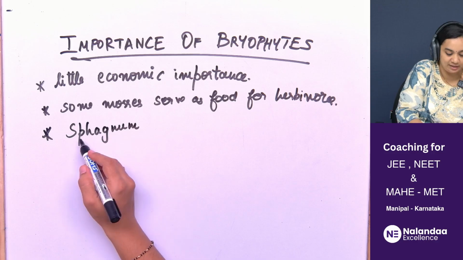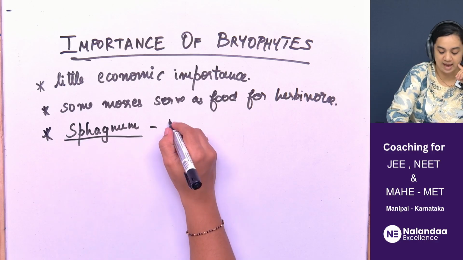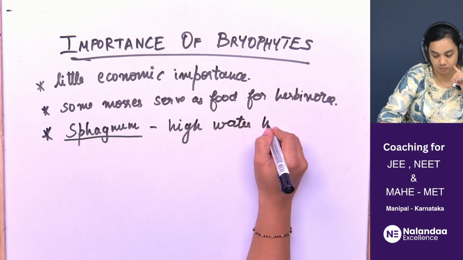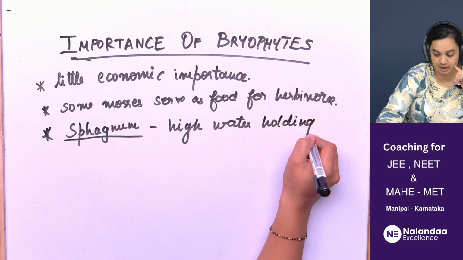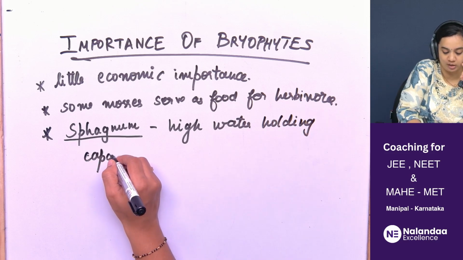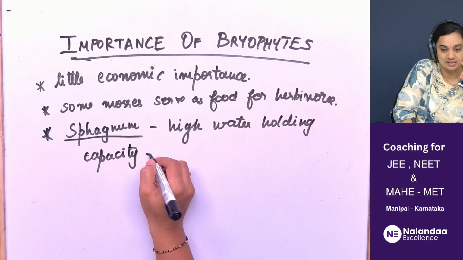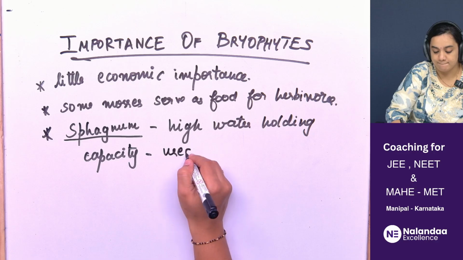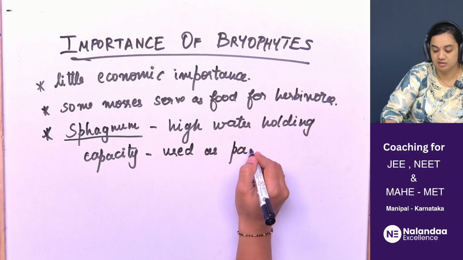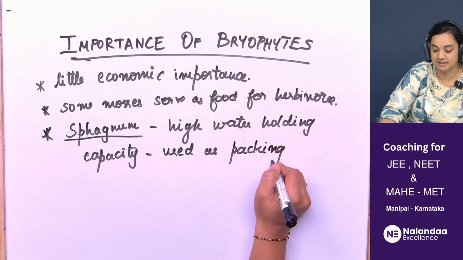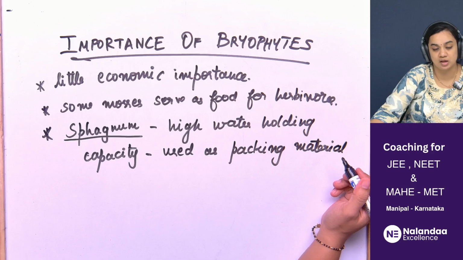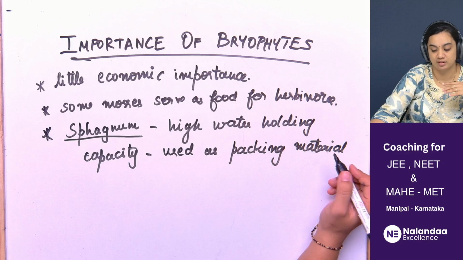Sphagnum, which has a high water holding capacity. Because of its sponge-like nature, it is used as packing material in the transshipment of living material, like how we use thermocol to ship stuff from one place to another.